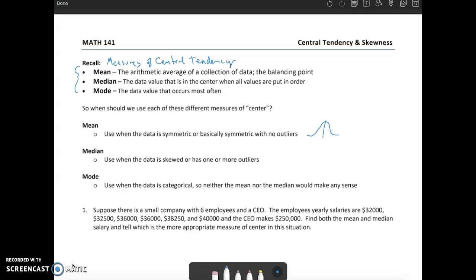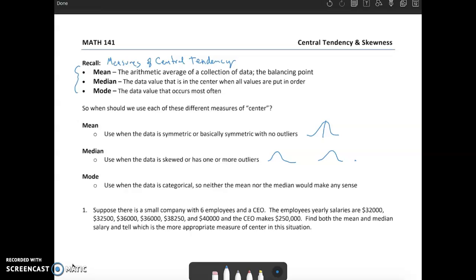The median is preferred if your data is skewed or has one or more outliers. So for instance, if I have some clear right skew going on, I would prefer to have the median. Or even if my data is pretty symmetric, if I have an outlier out here, that would also be a situation where I would want to use the median.